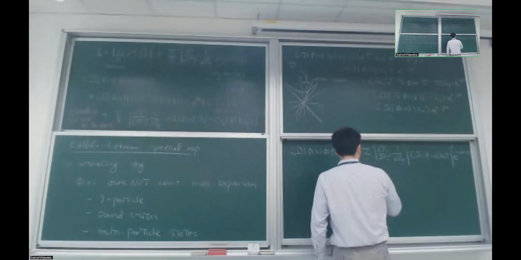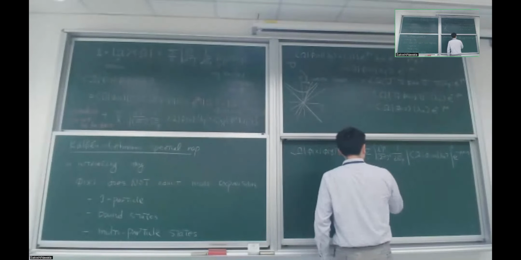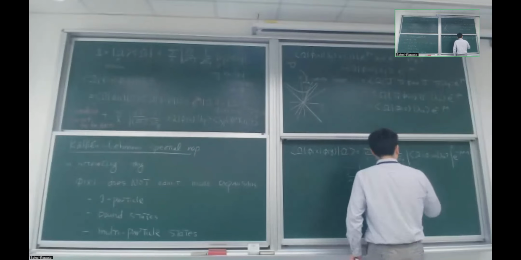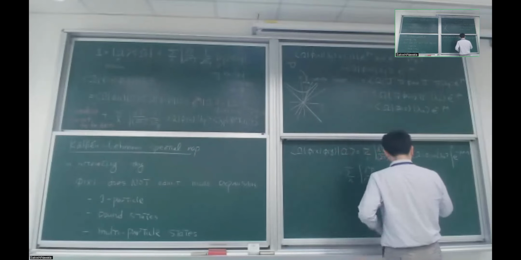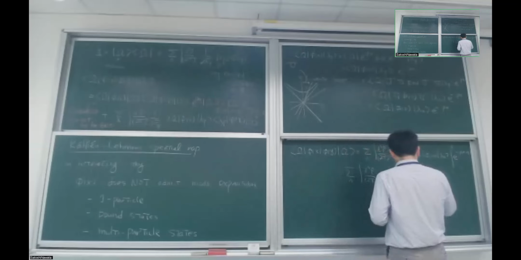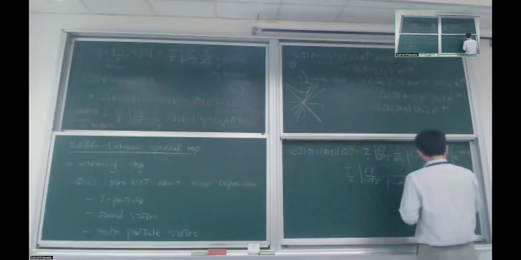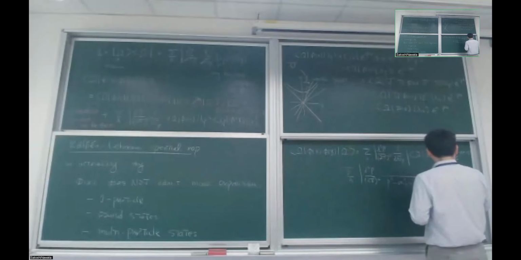This can be written in the form of momentum, like what we have done for the propagator: p squared minus lambda squared plus epsilon, and e to the minus i p times x minus y.